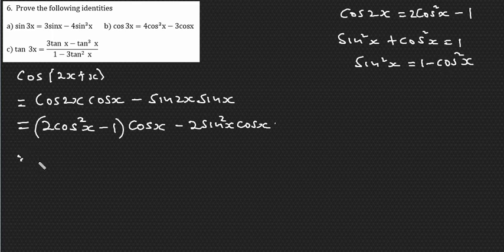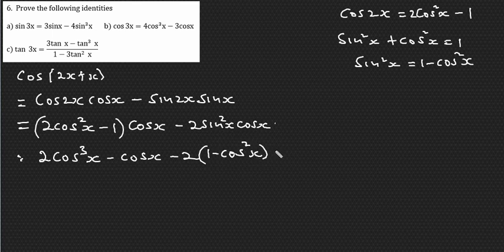So we shall get cos multiplied with this, giving us 2 cos cubed x minus cos x, then minus 2. Where there is a sin squared, I'll put 1 minus cos squared x, then cos x. So this gives us 2 cos cubed x minus cos x, then minus.